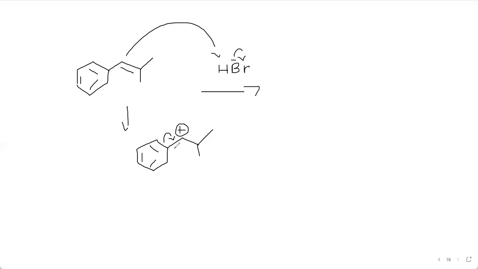If you imagine a double bond moving towards a carbocation like this, the double bond moves there. This is the carbon that lost electrons, so you get a plus there. You can do resonance around the entire benzene ring. Remember, resonance is one of the most important concepts in orgo. If something can do resonance, that means it's stable.